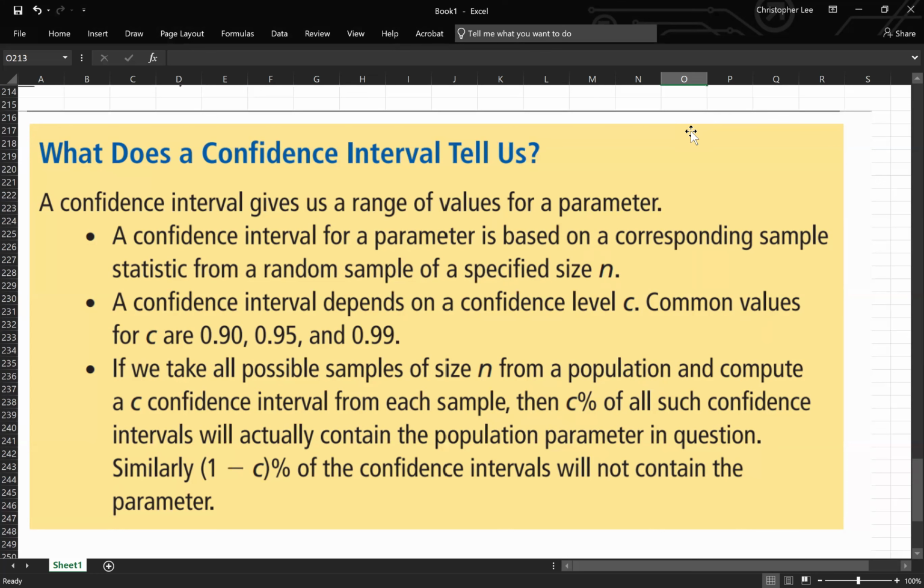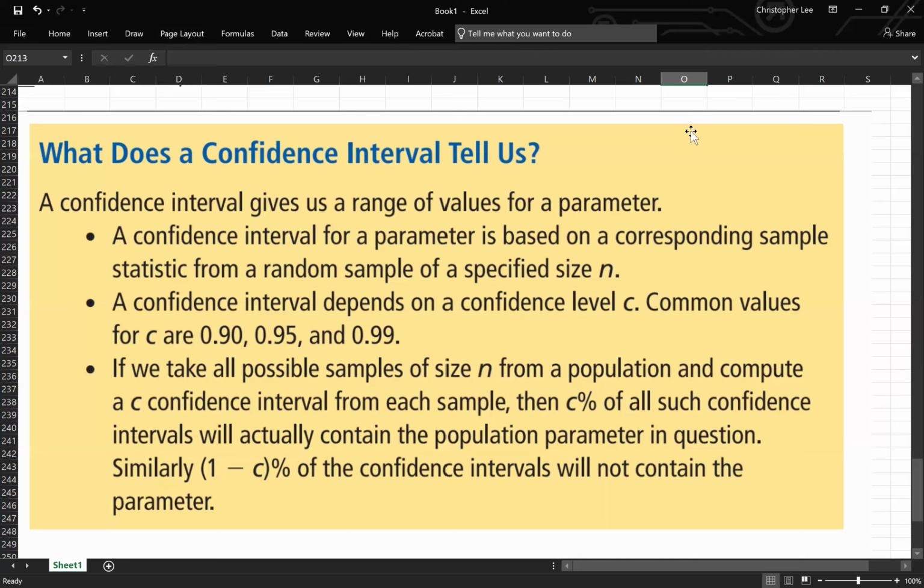But as we learned yesterday, we could find a confidence level for any probability. We could find 0.77 if we wanted to. All that means is that's the area in between, and we're finding Z critical on the positive, and that's it. If we take all possible samples of size n from a population and compute a confidence interval for each sample, then the confidence level of all such confidence intervals will actually contain the population parameter in question.